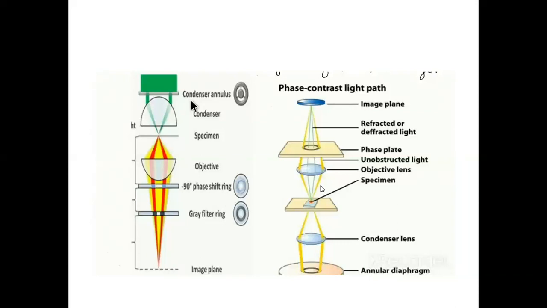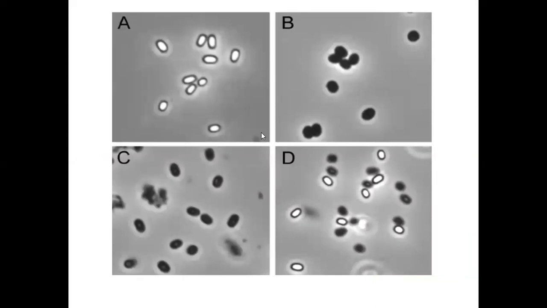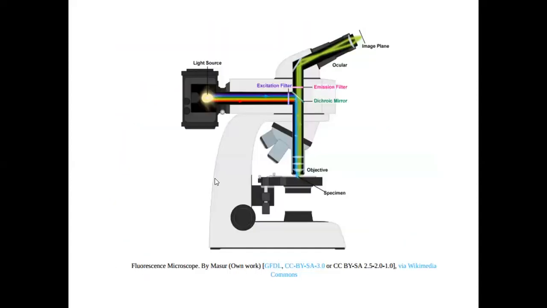That's why the translucent object became visible. Okay, so we can see a visible object.